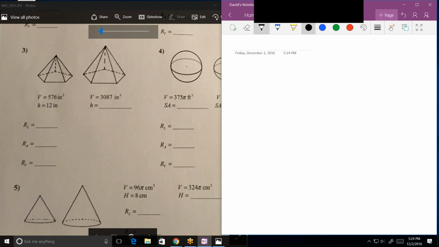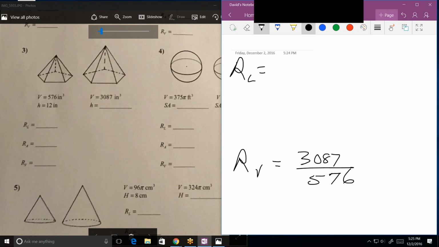So we know what R sub V is. What is R sub V? 3,087 over 576. What's that make R sub L? How would you get it?